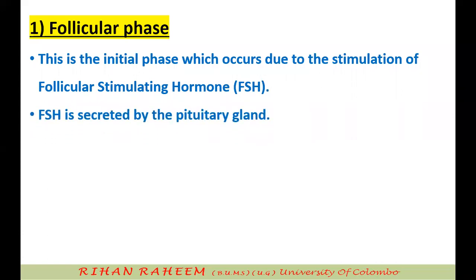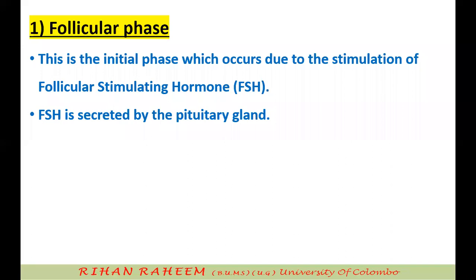FSH is secreted by the pituitary gland. When we were studying in grade 10, you all don't know. The grade 11s, I think you all know. When you were studying the system lesson, there was a separate system known as the endocrine system. In that endocrine system, we are talking about the endocrine glands, hormone secreting glands. The main hormone secreting gland present closer to our brain is the pituitary gland and the hypothalamus.